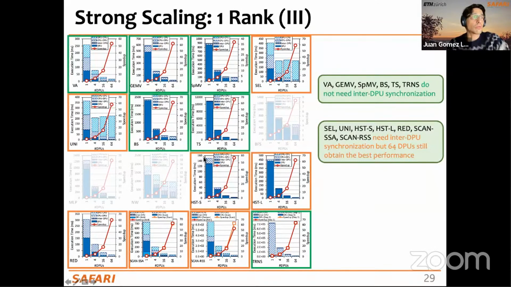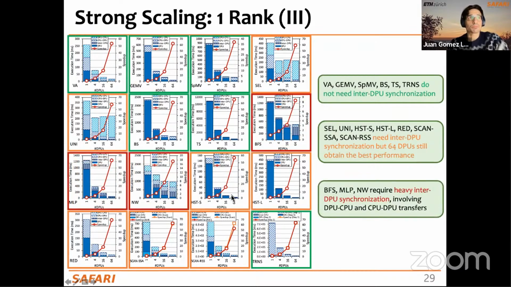When I talk about the performance, I mean the overall execution time, including DPU kernel time and inter-DPU synchronization. The good thing in these 7 benchmarks is that the inter-DPU synchronization is pretty lightweight. So, as I said, the best performance is obtained with the maximum number of DPUs.